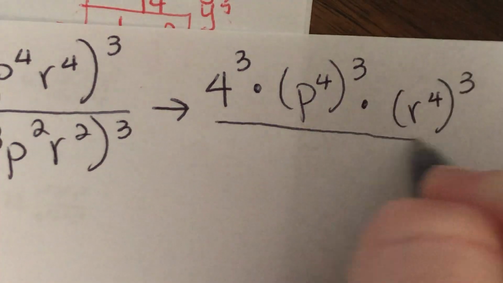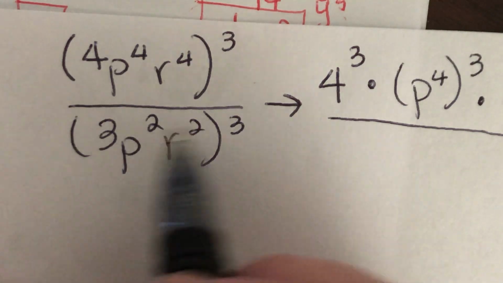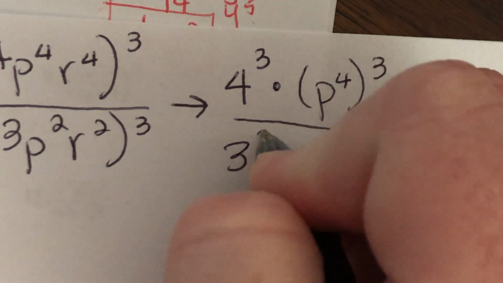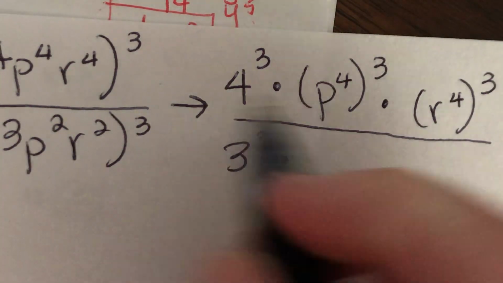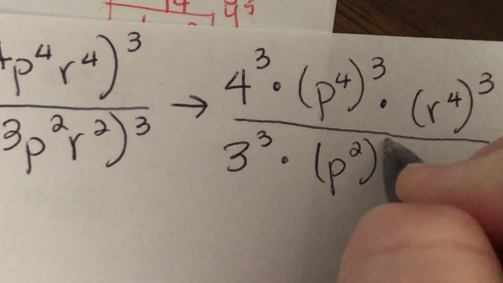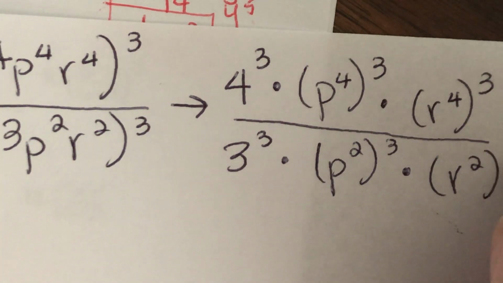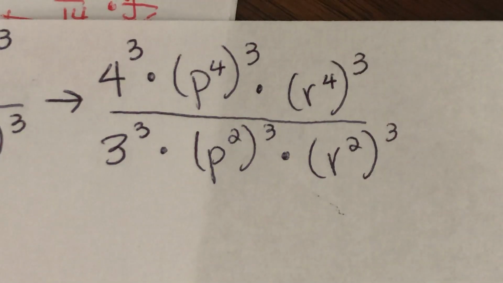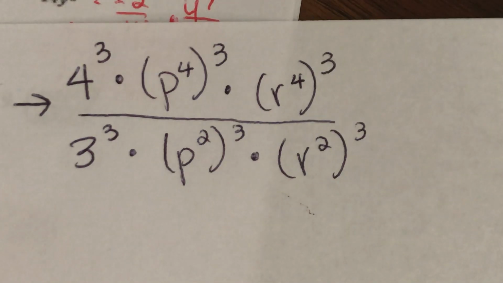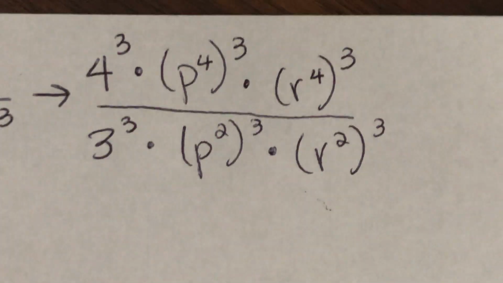All over. And do the same thing on the bottom. 3 to the third times p squared to the third times r squared to the third. Okay, so now we're looking at this. Now we're just going to keep simplifying, right? Let me move this out of the way for a second.